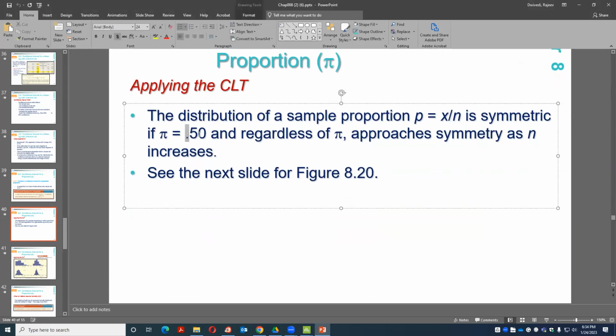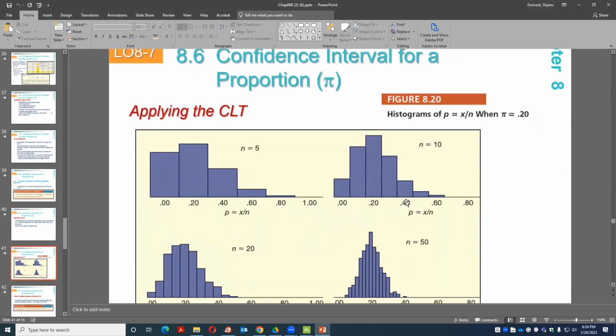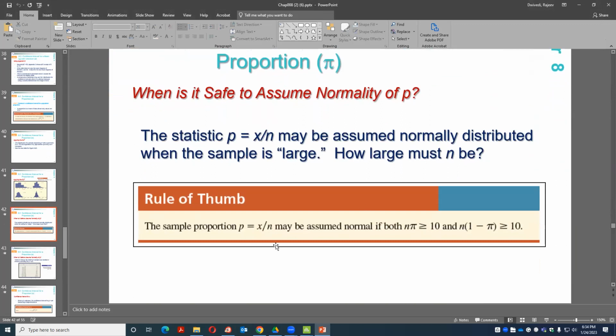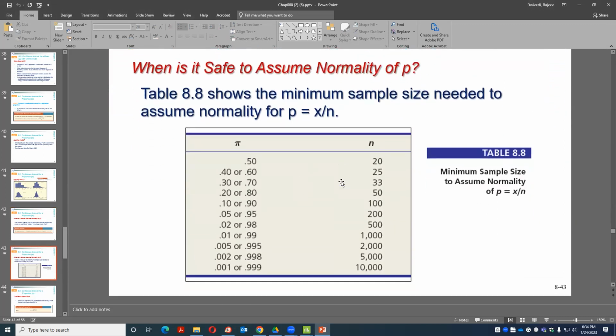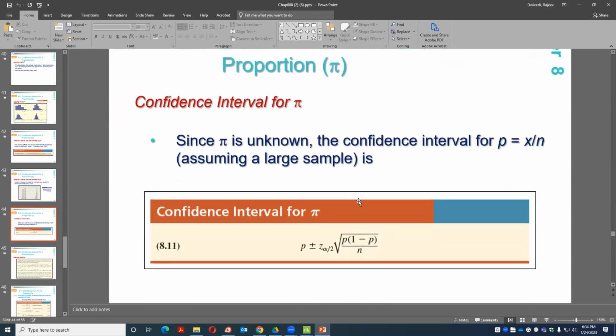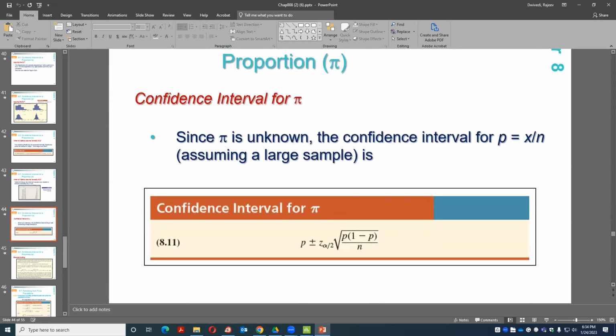When pi is 50%, this is the symmetric standard deviation. Now, when n is large enough, it will be normally distributed. This is the formula, and if you are going to estimate the confidence interval based on proportion, this is the margin of error for proportion.